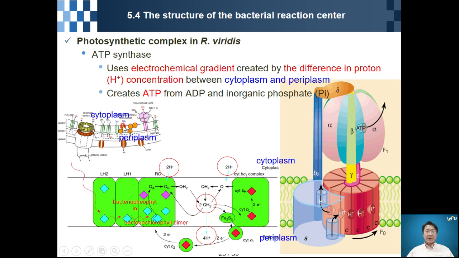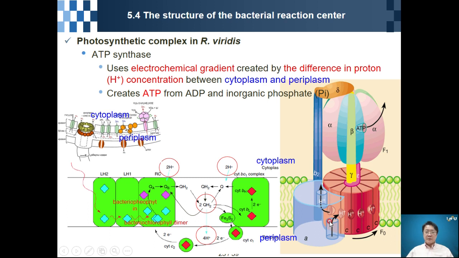So this is the bacterial cell. The bacterium has cytoplasm, and between the membranes there is the periplasm, located here. So 4 protons are accumulated in the periplasm.